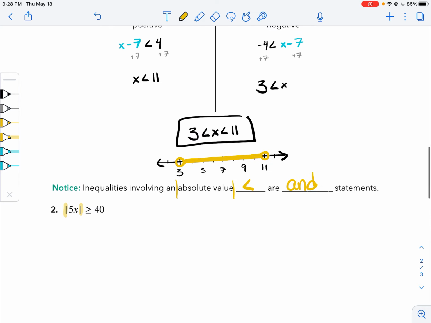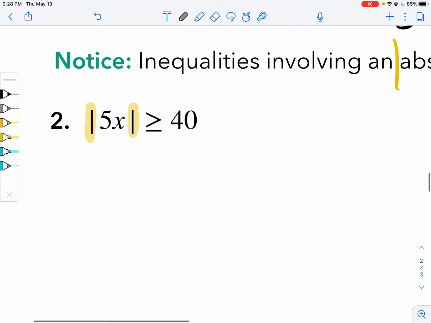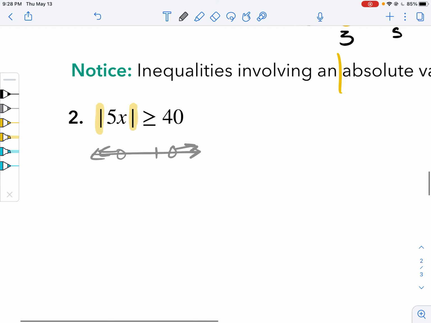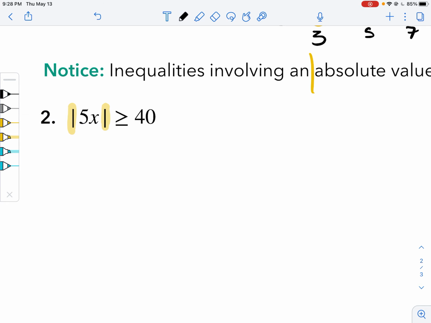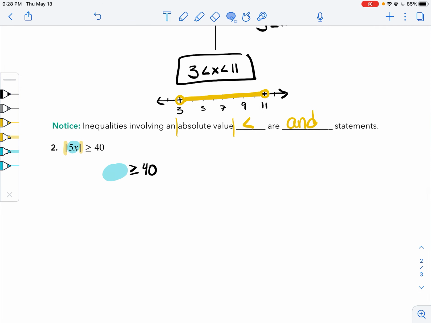Remember that if you have absolute value greater than, whatever this value is, it's going to be further away. Excuse me. So when we split this guy up, it's either going to be that whatever is in your absolute value is greater than or equal to 40, because that'll make it farther away from 0.